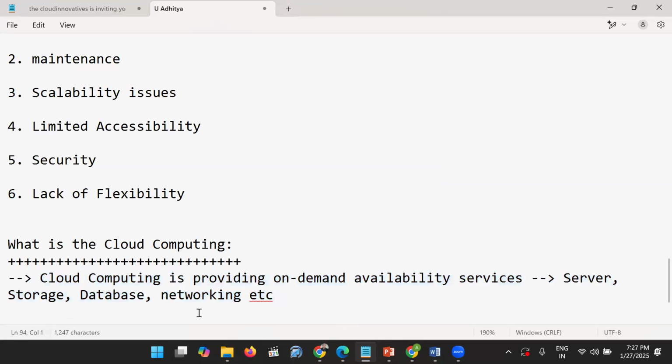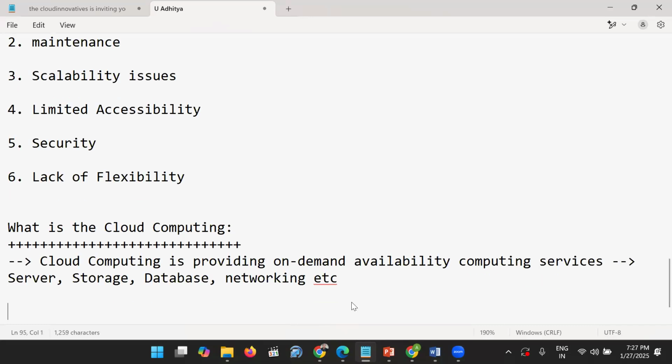That's why I mentioned the point: cloud computing is providing on-demand availability of computing services. Whatever you require related to storage, servers, databases, or networking, the cloud computing is providing. How it is providing the services?